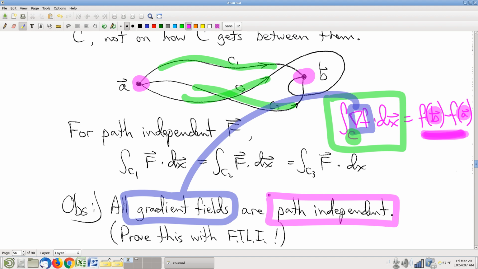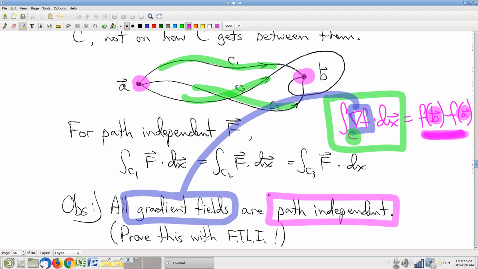So again, at a glance, path independence seems like an impossibly difficult challenge for a vector field to achieve. And then you look at the fundamental theorem of line integrals and realize, oh, not only is it not impossible, but here's a bazillion examples. Every gradient field has this path independence property.